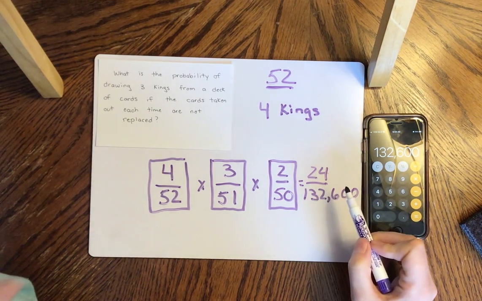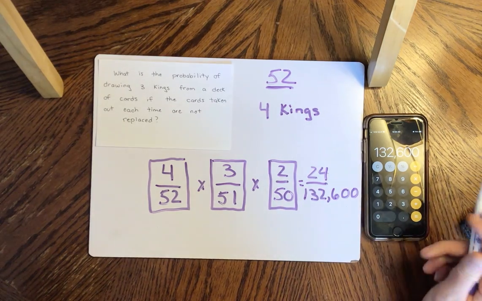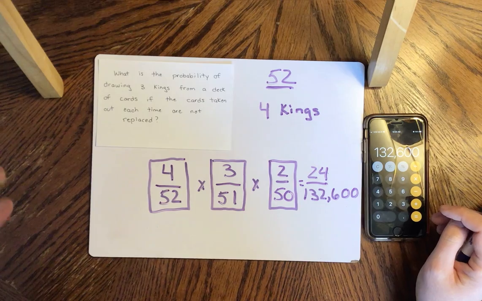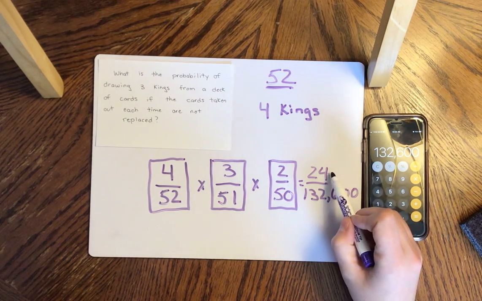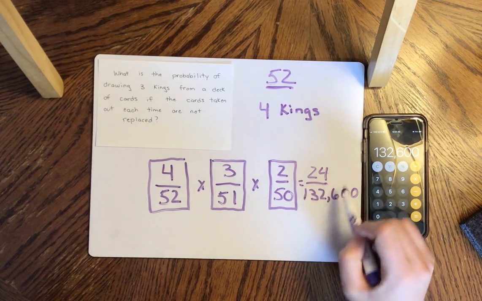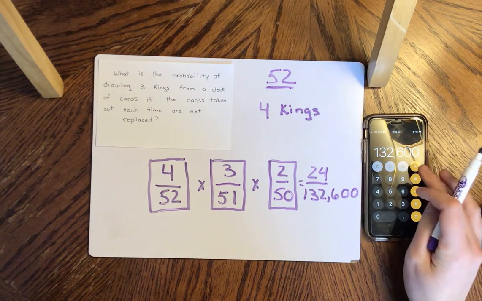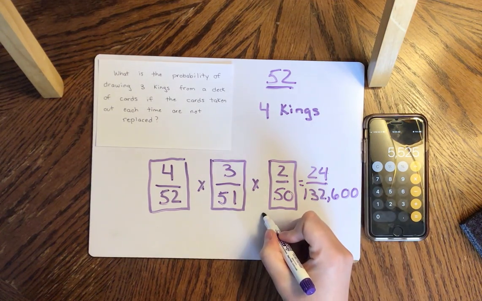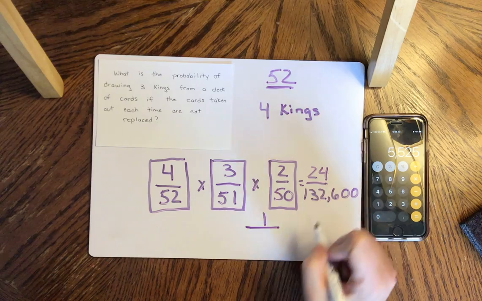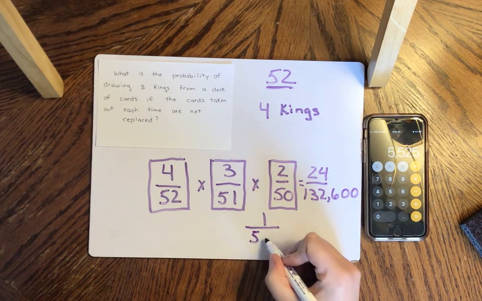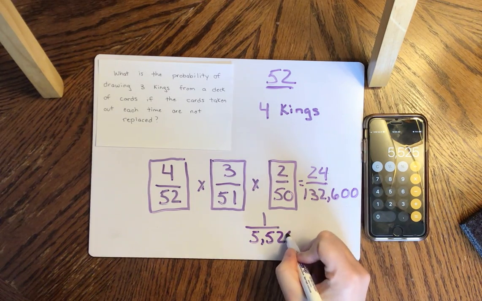Now because I know this, I know that 24 is going to go into that. If you don't know, you need to do a guess and check on your division. You need to find something that can go into the numerator and the denominator equally so that you can reduce this fraction. So I'm going to divide by 24. So my numerator is going to become 1 because 24 divided by 24 is 1. Now the denominator is going to become 5,525.